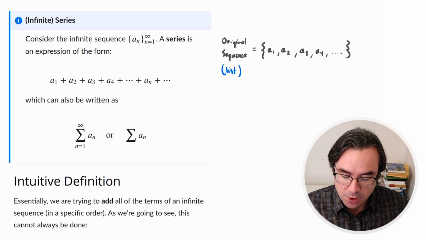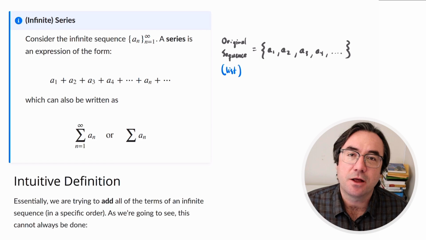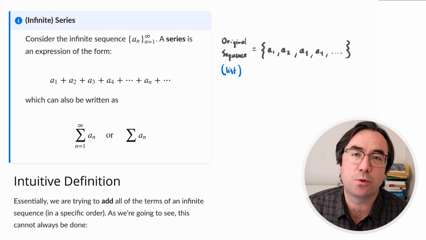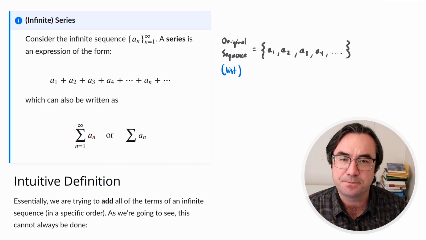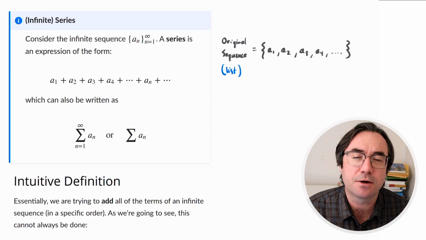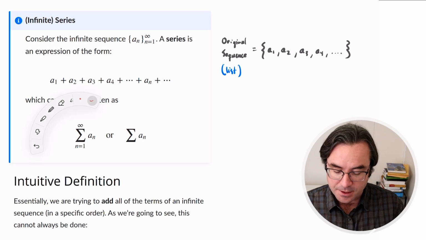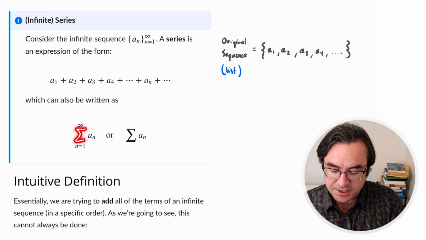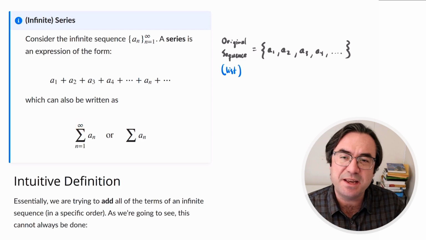Rather than writing out all these plus signs, a lot of times we use the more compact sigma notation. You can think of sigma as a fancy addition sign. So sigma a_n, with our starting index n equals 1, going up to infinity.